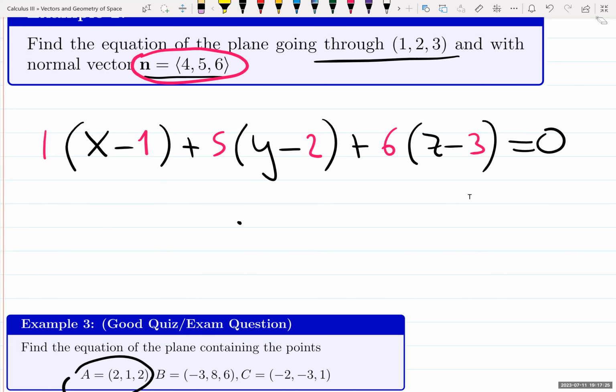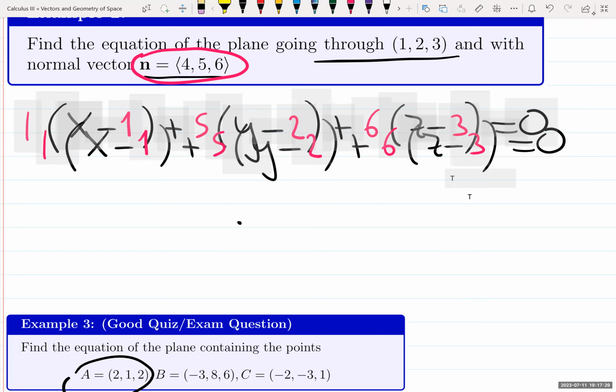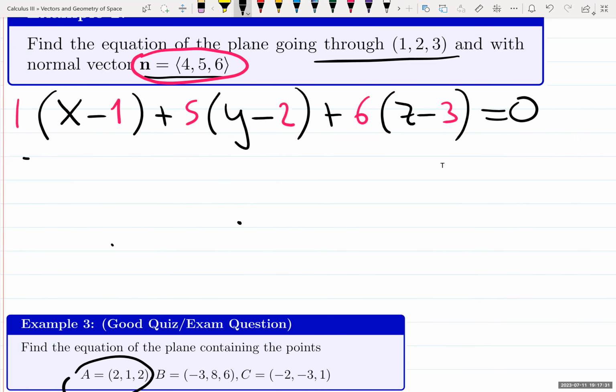Oh, I see. Example. Probably should put 1. No, that's 4. One more example. Can you find the equation? EQN is one notation for equation.